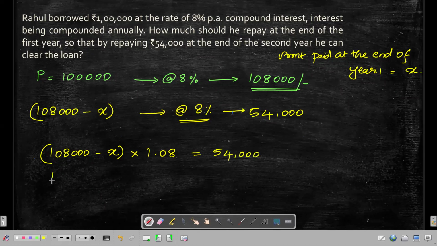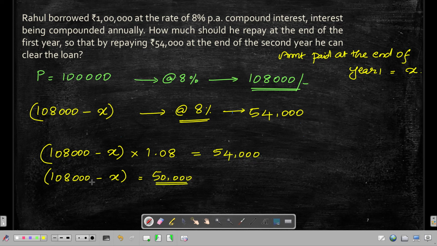So 1,08,000 minus X will be equal to 54,000 divided by 1.08. How much does it come to? That comes to 50,000, right? So this is the outstanding at the end of the first year.